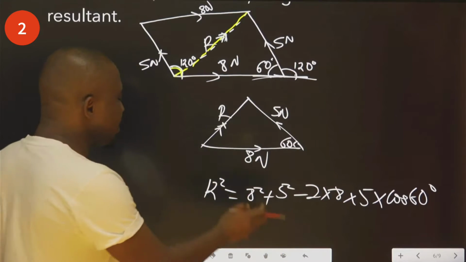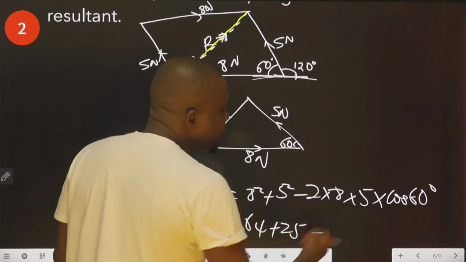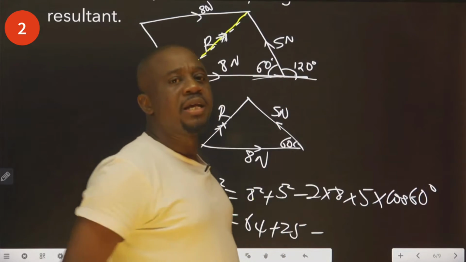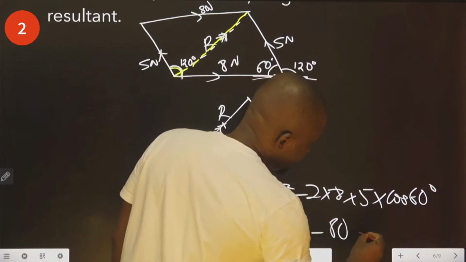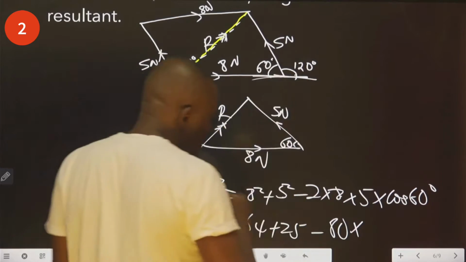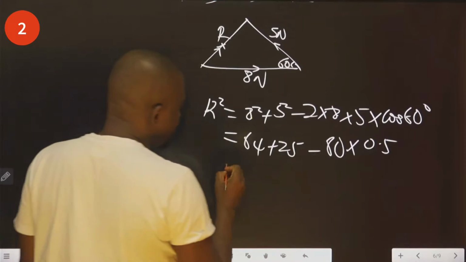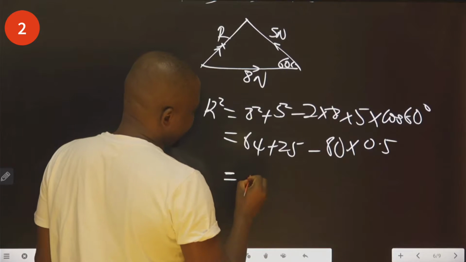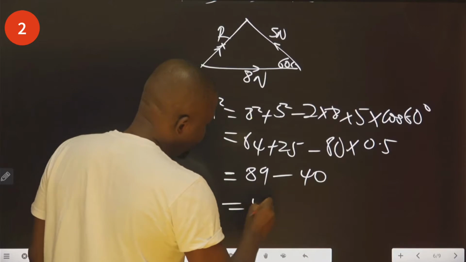Okay? So this is 64 plus 25. You agree with me? This is 80, 2 multiplied by 8 multiplied by 5, that is 80, multiplied by cos 60. Cos 60 is 0.5. Okay? So this is 89 minus 40, which is 49.